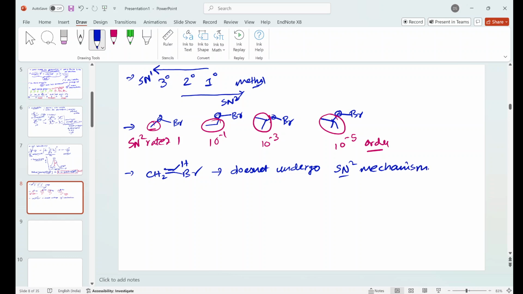Okay, and you need a strong nucleophile needed for SN2.